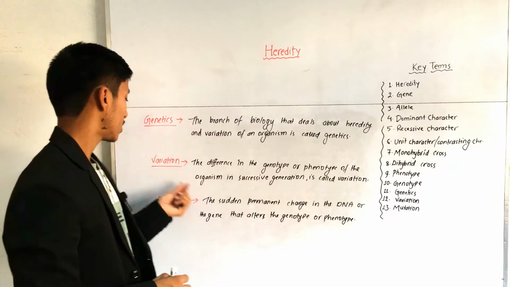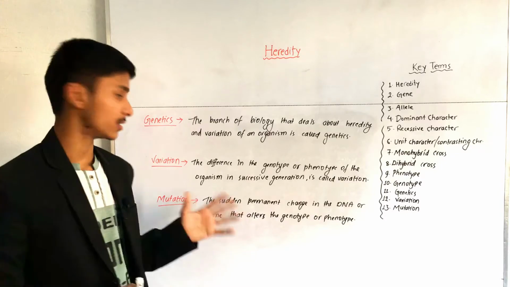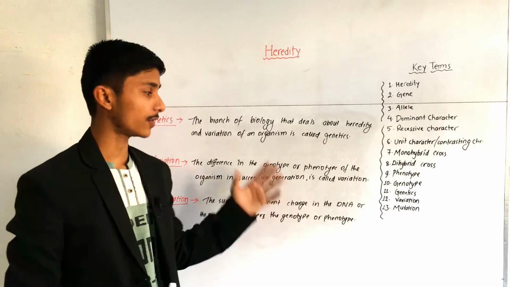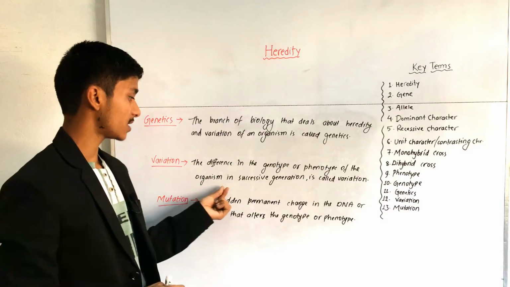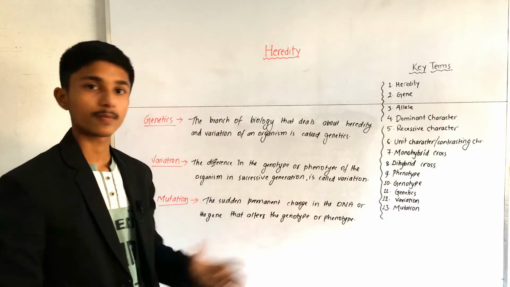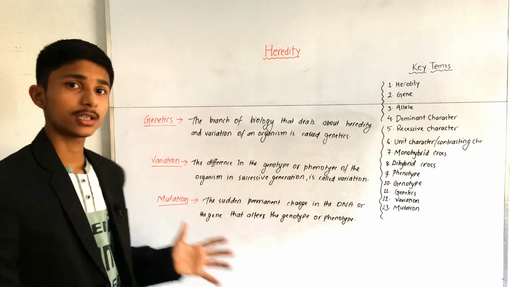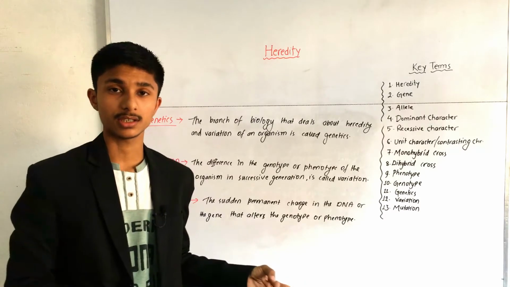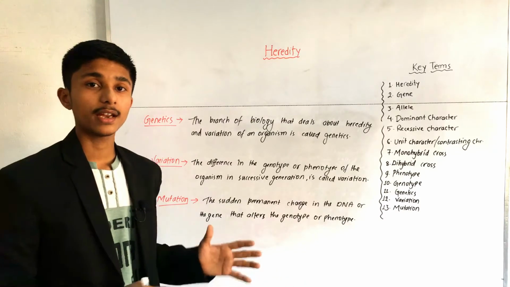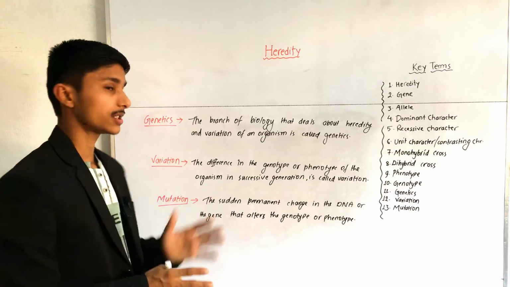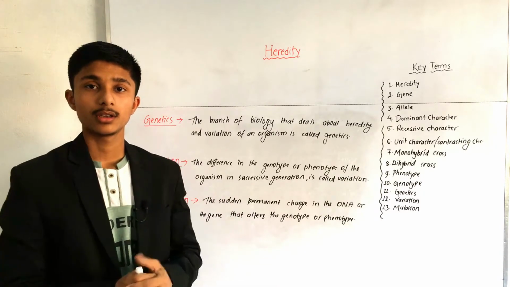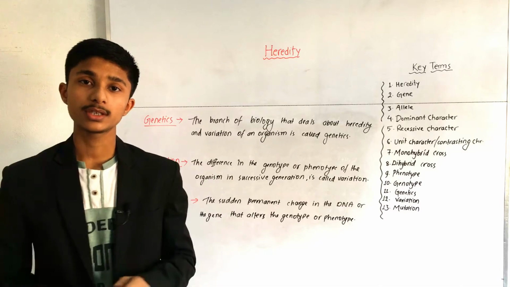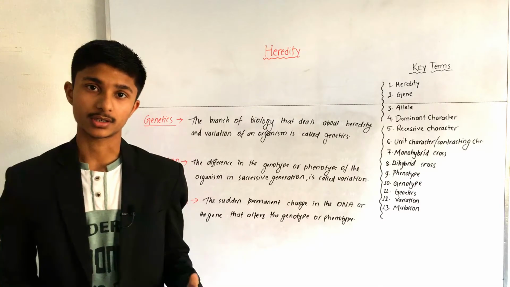Similarly, variation. What is variation? The difference in the genotype or phenotype of the organism in successive generations. For example, in the first generation there is some character, and in the second generation it changes. We can determine variation even in twins. Even identical twins do not have the same characteristics.